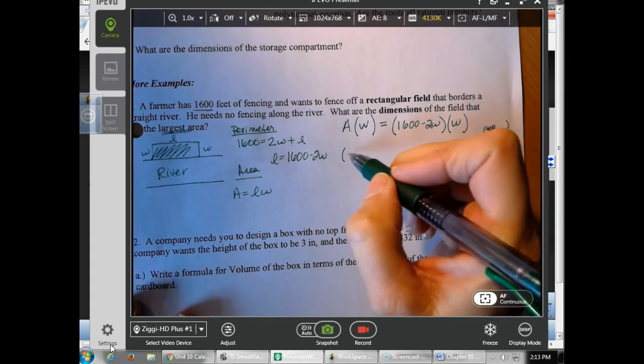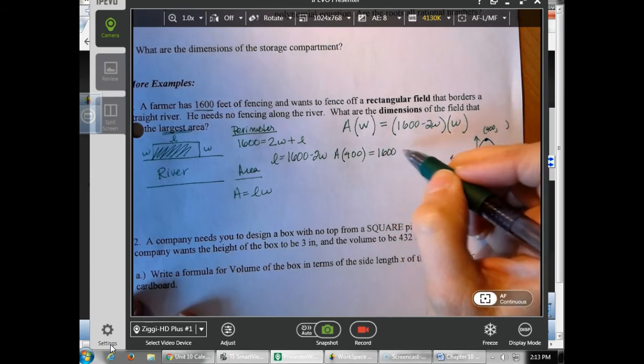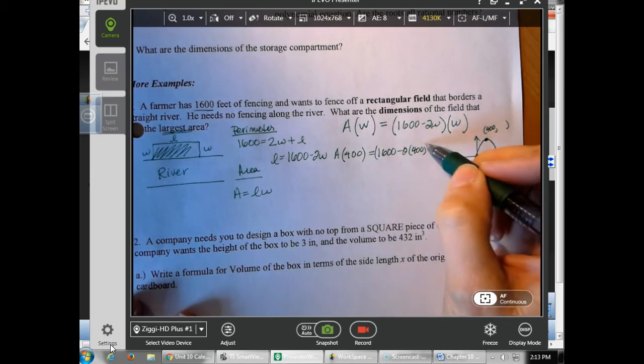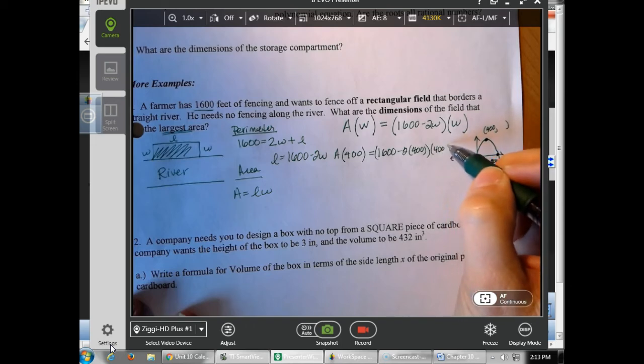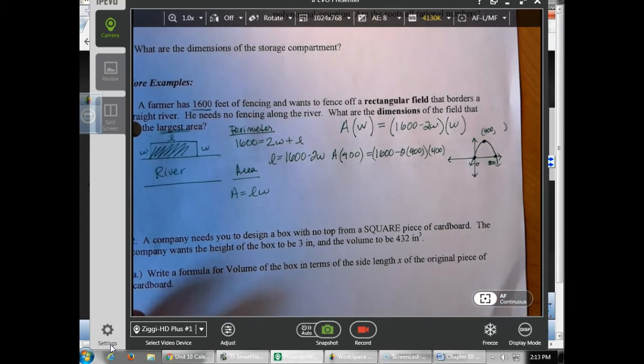So area based on 400 is going to be 1,600 minus 2 times 400, and all that is multiplied by 400.